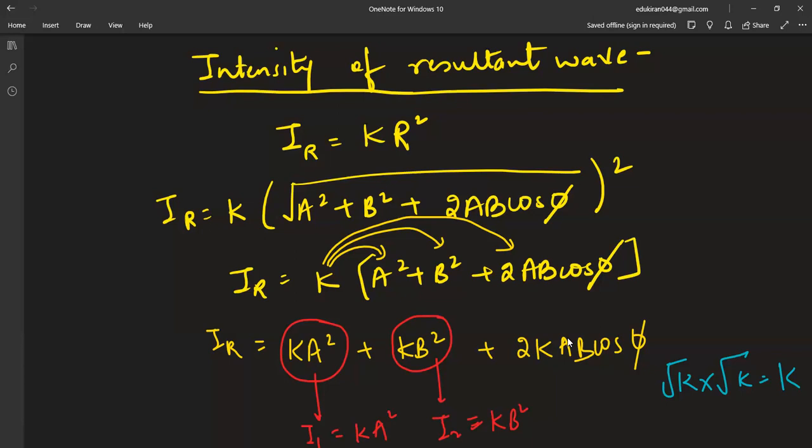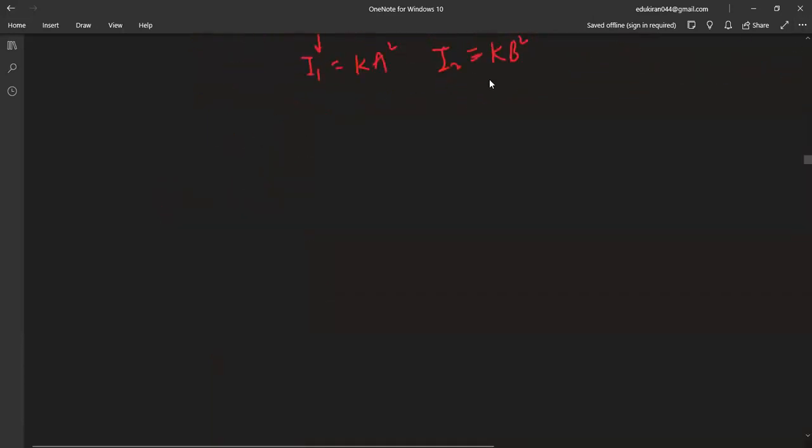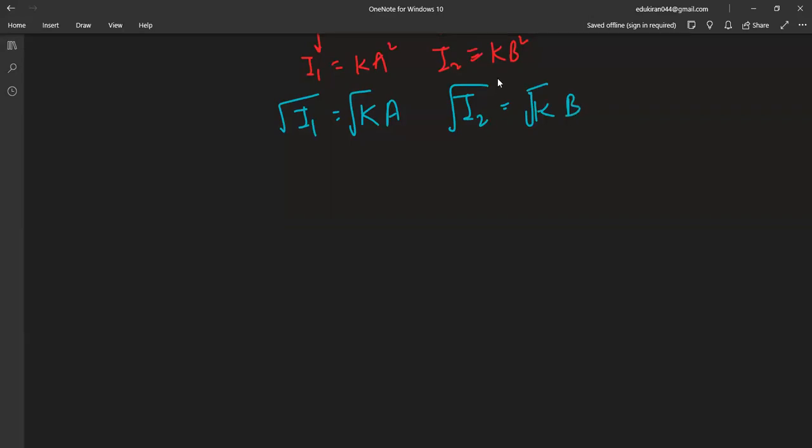Now look, what is the final resultant value? I1 is Ka square, I2 is Kb square, correct? If I take the root, root I1 is equal to root k into a, correct? Here also root I2 will be equal to root k into b, because b square is there, a square is there.